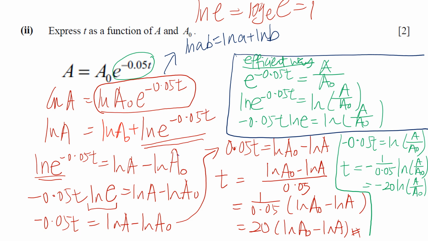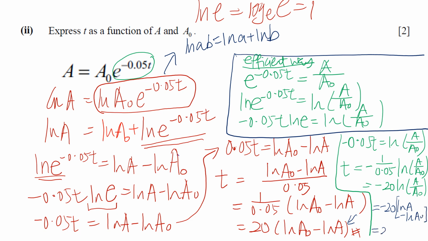I'll show you why both answers are the same. You don't need to continue, but just to convince you that both answers are equivalent. Some of you will be wondering, hey, are you sure? So I'll continue from here to get this step. I'm going to apply your quotient law here. That will give you negative 20 times ln A minus ln A subscript 0. Then you multiply your negative in.